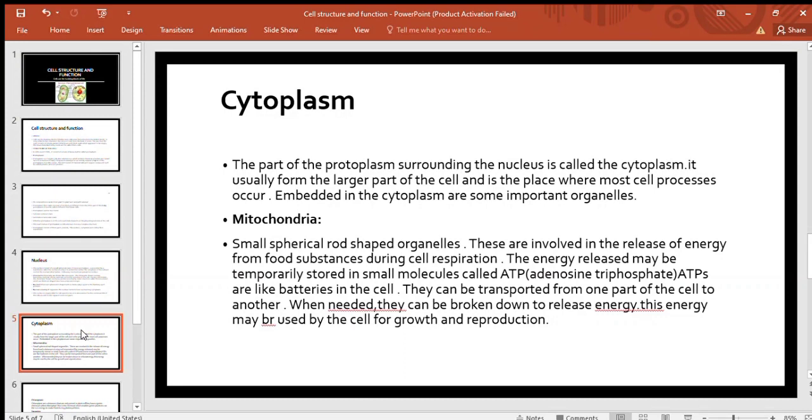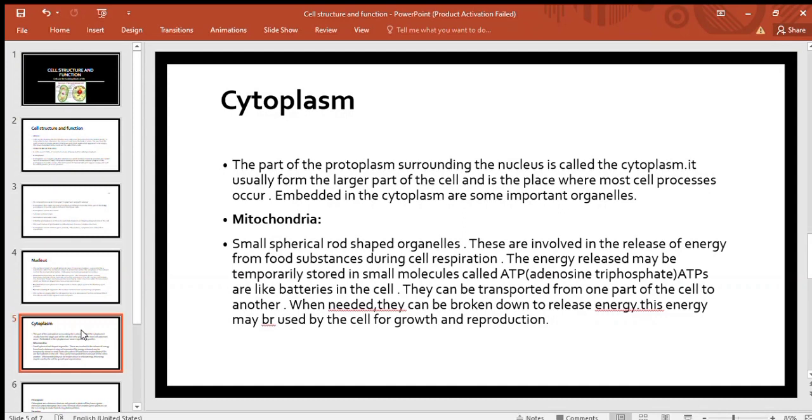In the cytoplasm, all the organelles of the cell are embedded. For example, mitochondria, Golgi bodies, endoplasmic reticulum, and vacuoles. In plants, chloroplasts.